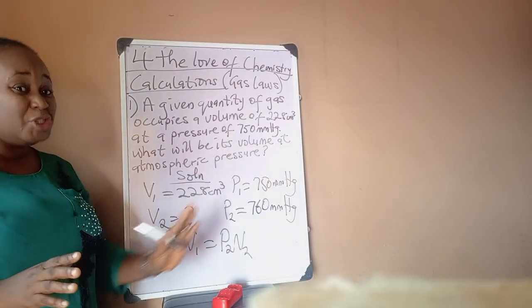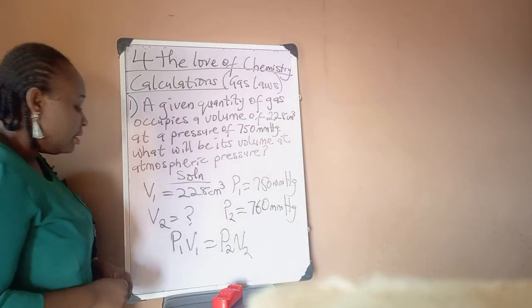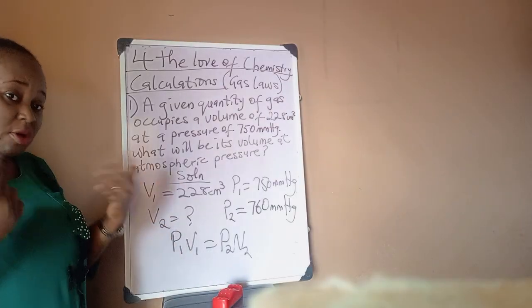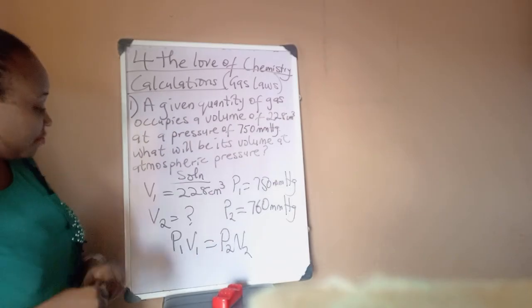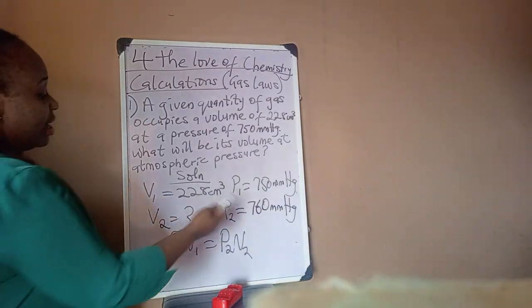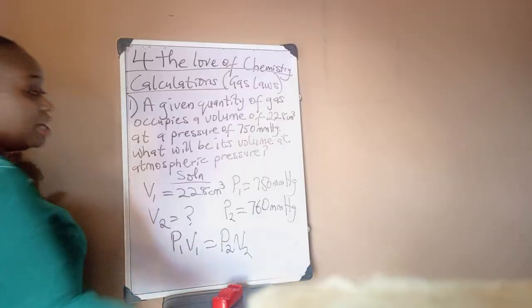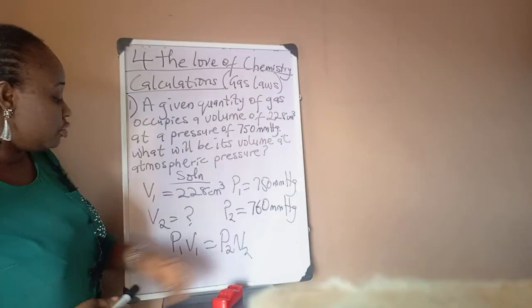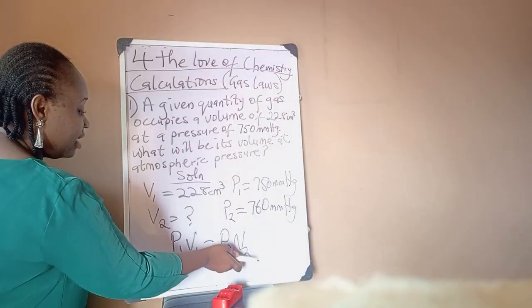let me go a bit elementary just for this particular teaching because I haven't done it before, but subsequently I'll just write the correct formula. If you want to make V2 the subject of the formula, then you divide both sides by the coefficient of V2, which is P2.